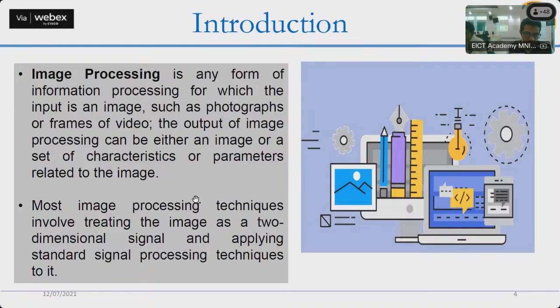Most image processing techniques involve treating the image as a two-dimensional signal and applying standard signal processing techniques to it. Whenever we want to understand anything, it's basically in the form of a signal. What do you mean by a signal? Where things are changing with respect to time.